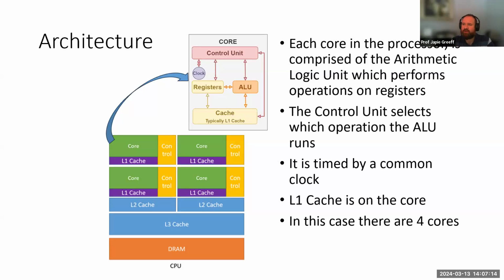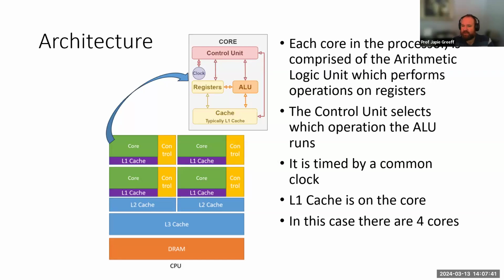But each core in this processor is going to be comprised of an arithmetic logic unit, which is going to perform the logic and arithmetic calculations on the registers that are inside of the core. And it's also going to have a control unit, which is going to select, from the instruction register, what instructions the arithmetic logic unit needs to run.